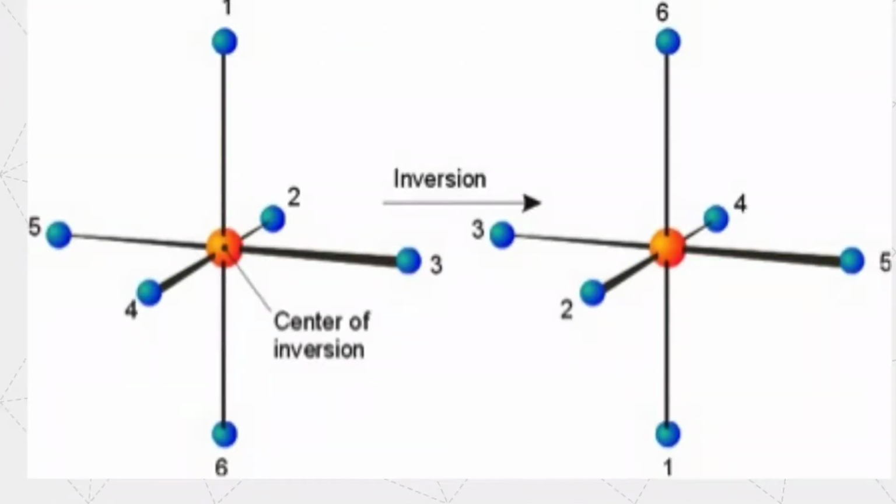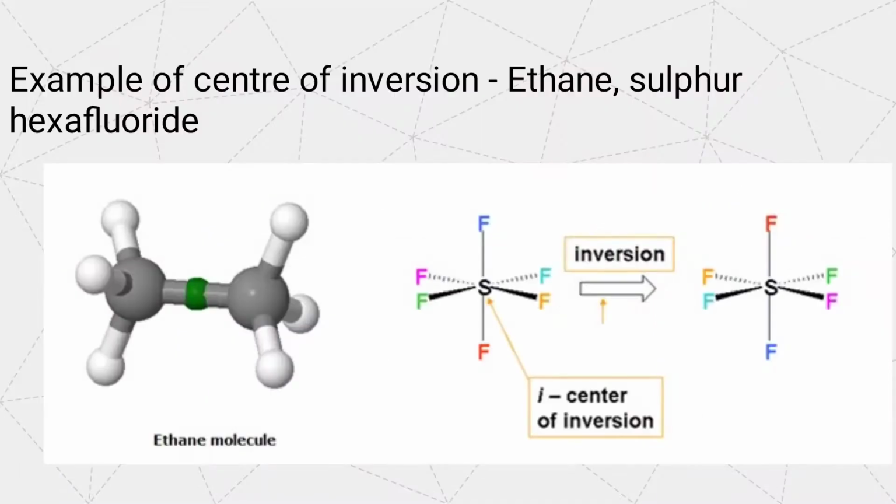After inversion, all atoms change their position. Examples of center of inversion: ethane molecule and sulfur hexafluoride. In sulfur hexafluoride, all fluorine atoms change their position.